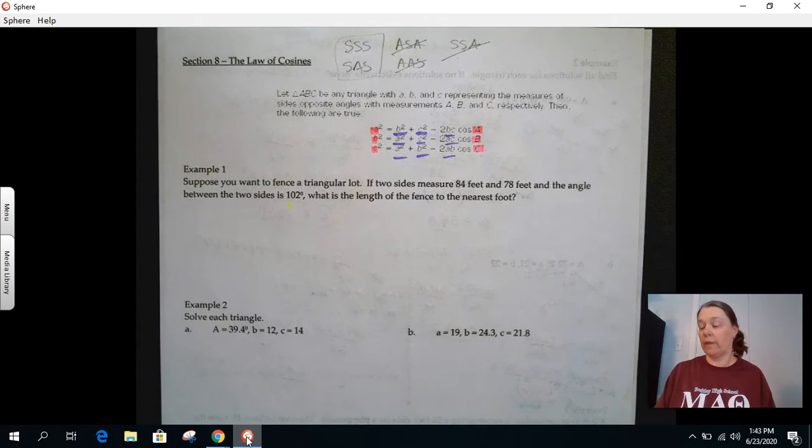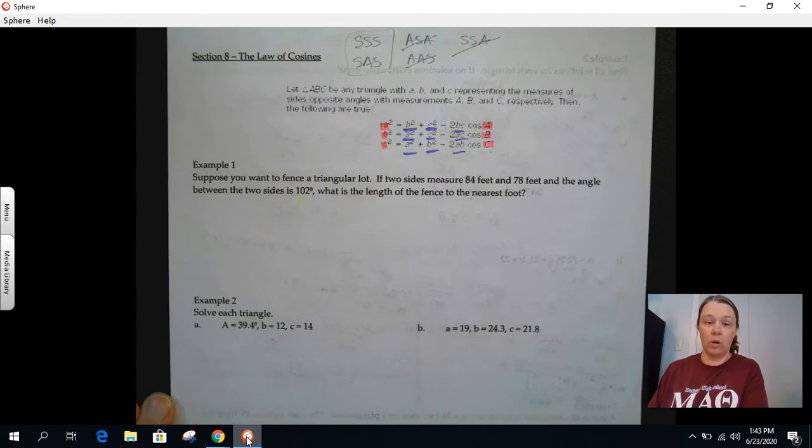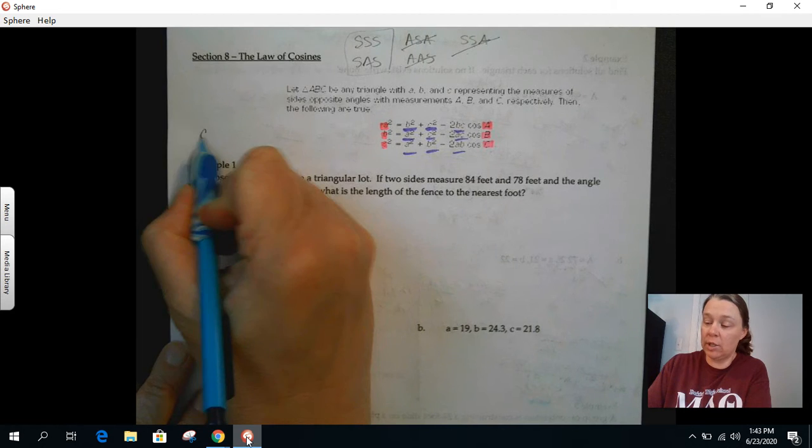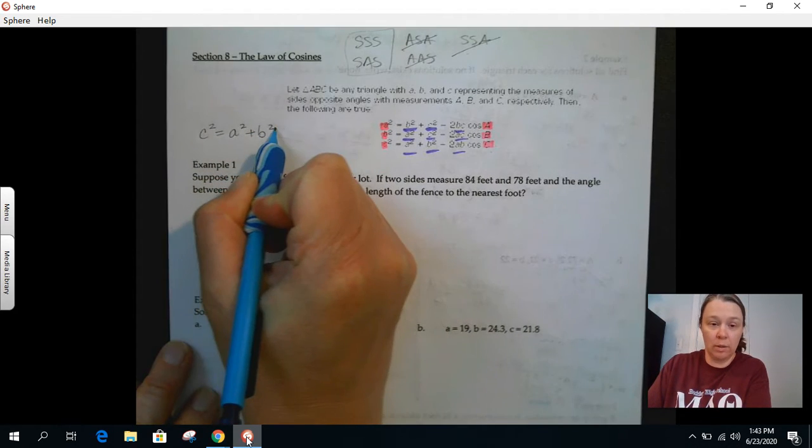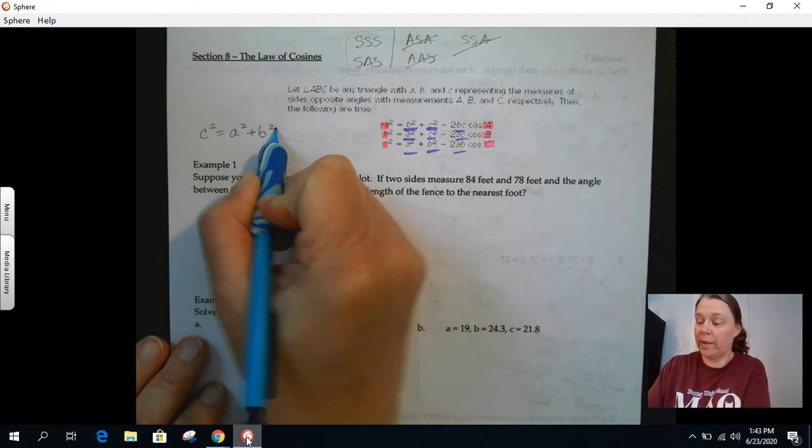Now, rather than having to think, oh my gosh, I have to memorize 3 different rules, in general, the one that you will sometimes see instead is just to say C squared equals the A squared plus B squared. That's kind of easy to remember because it reminds you of the Pythagorean theorem.